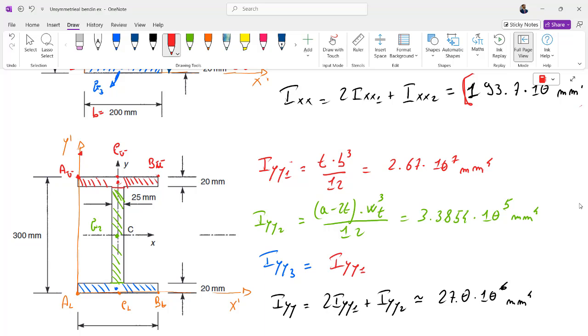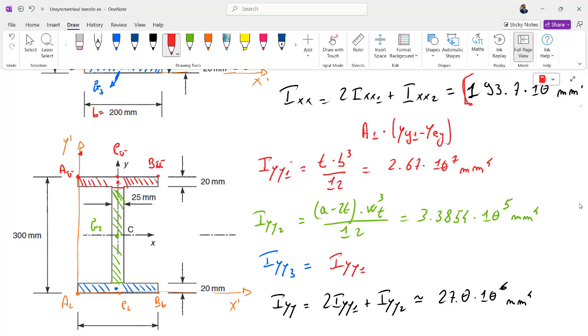clearly here we should have A1, for instance, times Iyg1 minus Ycg.